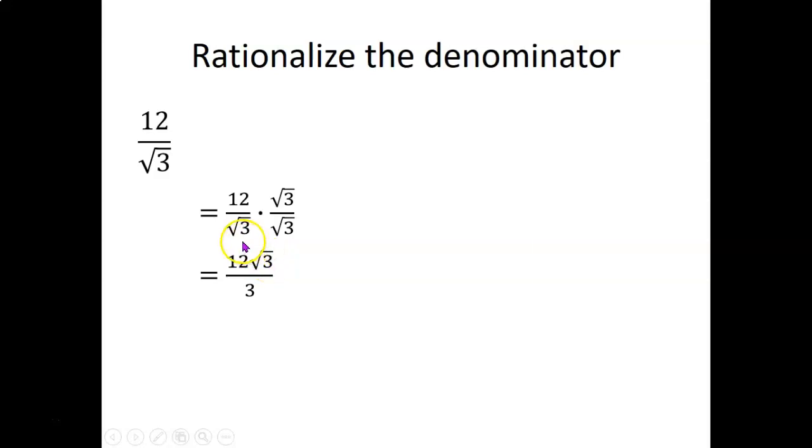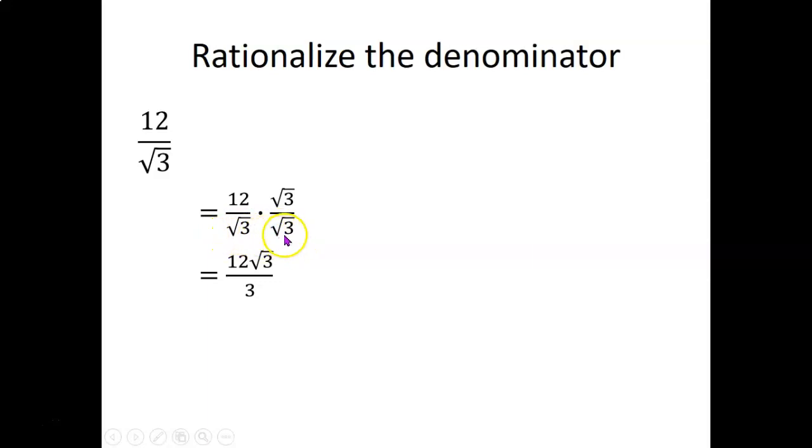But on the bottom we have the square root of 3 times the square root of 3, which is just plain old 3. One way to look at it is that it's the square root of 3 times 3, that is the square root of 9, which is 3. Or another way to look at it is that it's the square root of 3 squared.